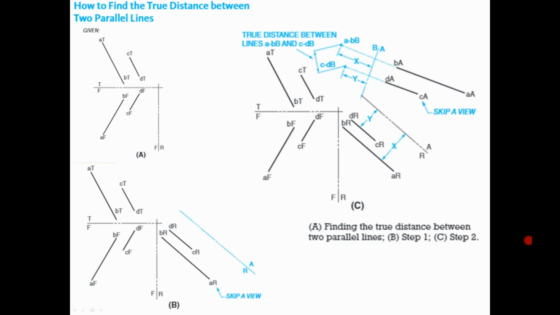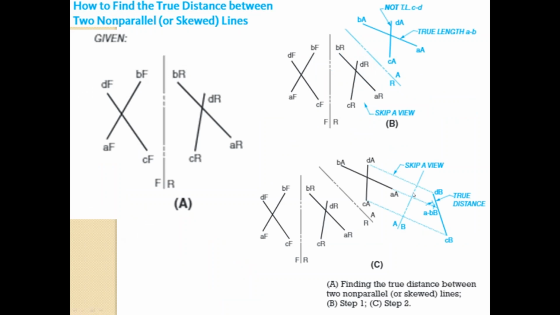So I'm going to go on to the next method here, and this method is to find the true distance between two non-parallel lines. So you have two non-parallel lines, and you want to find the true distance. Same process.